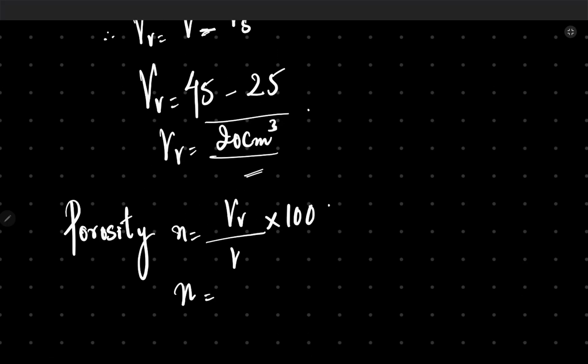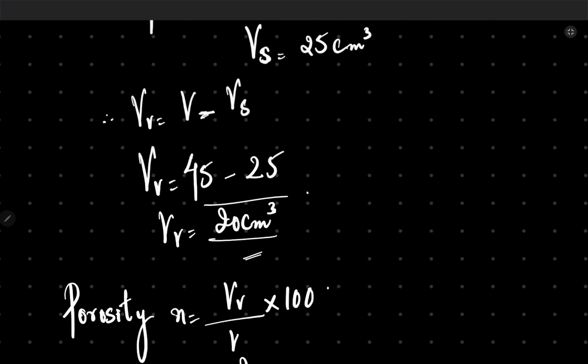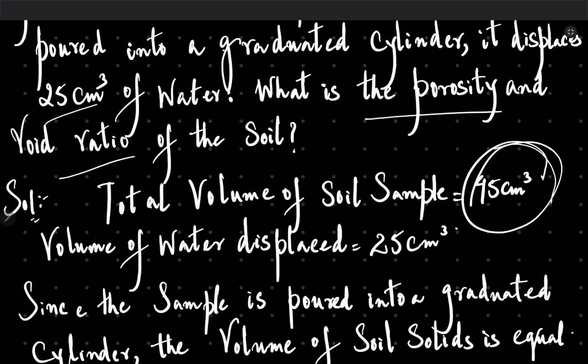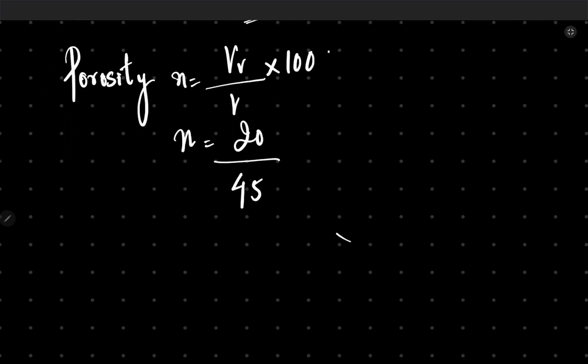It is 20 centimeter cube. Total volume is 45, multiplied by 100. So N, or the porosity, is 44.44%.